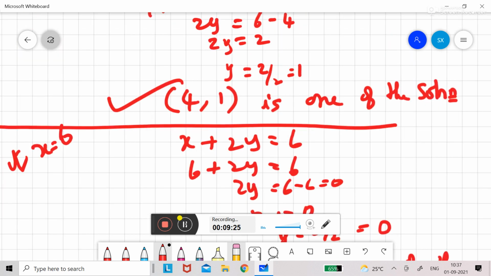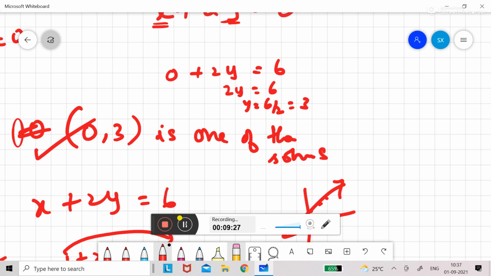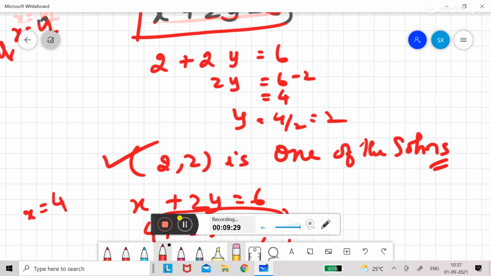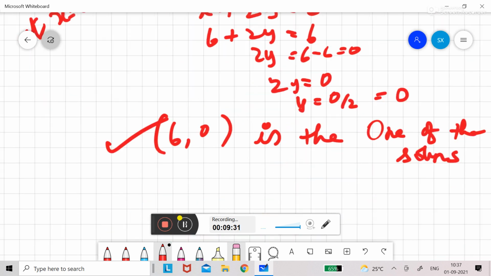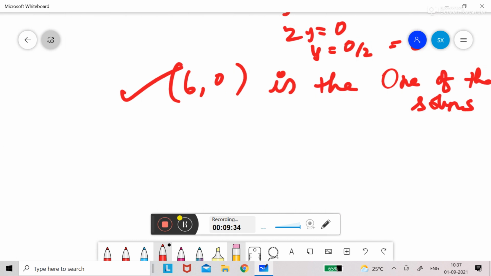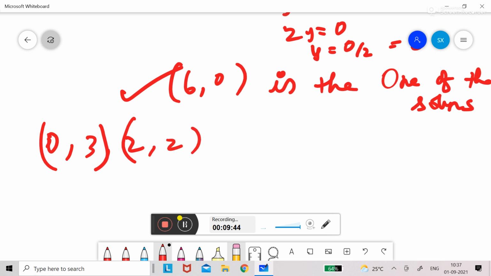Which are the four solutions which we did? Come on: (0, 3), (2, 2), (4, 1), (6, 0). Okay, so at last you should write the solutions. (0, 3), (2, 2). What do you mean? You know very well, x-coordinate, abscissa, y-coordinate, ordinate, and together we call it a coordinate.